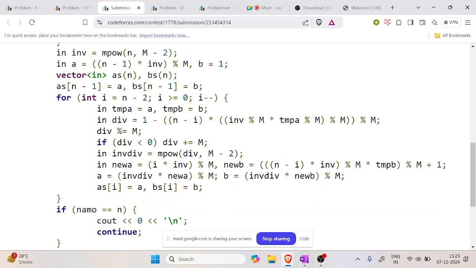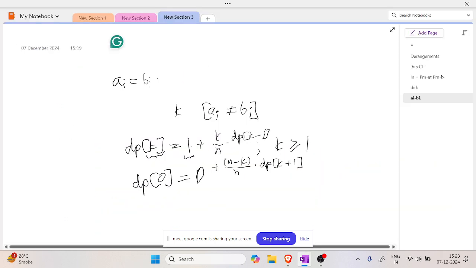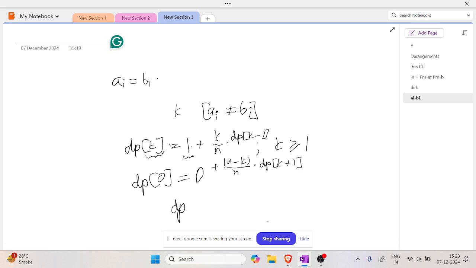The idea my code uses is the fact that dp of n plus 1 does not exist, right? So dp of n can be written solely in terms of dp of n minus 1, like some function of dp of n minus 1.